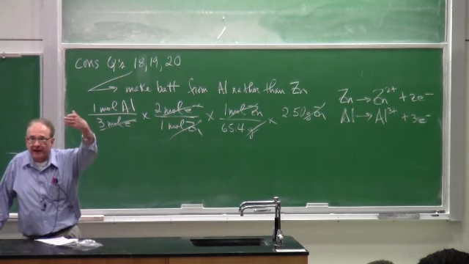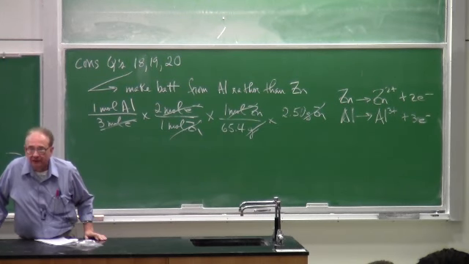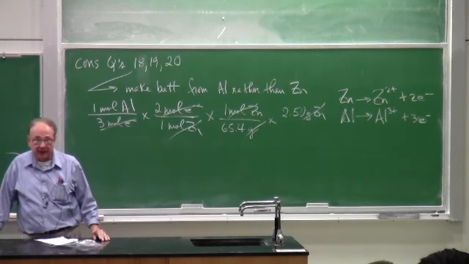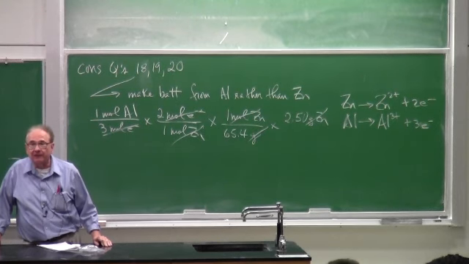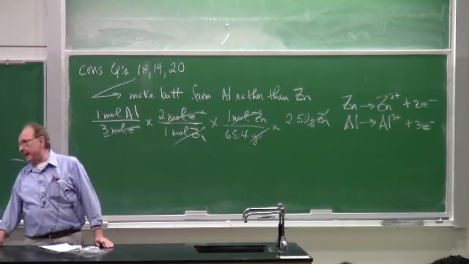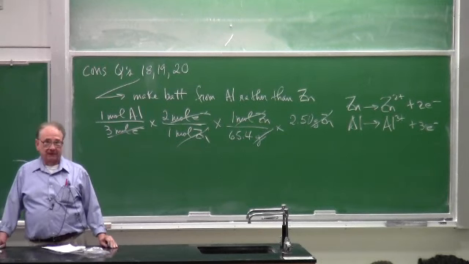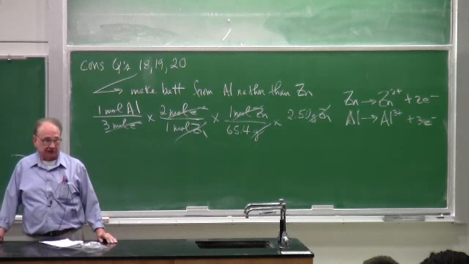Multiply by grams per mole for aluminum or moles per gram for aluminum? Grams per mole. It's just dimensional analysis. There's no other way. And I will tell you, once again in my humble opinion, which I'm sure you know is any damn thing in the universe but humble, textbooks are really stupid when they try to show you how to do dimensional analysis.